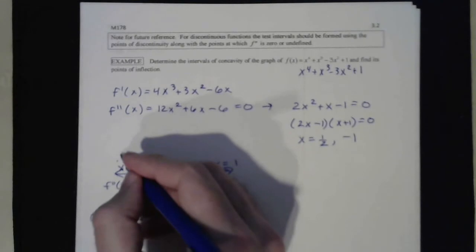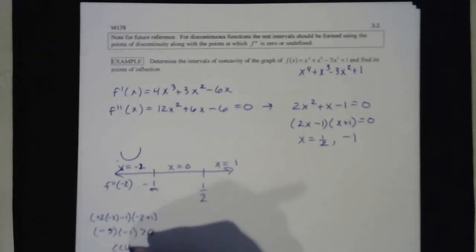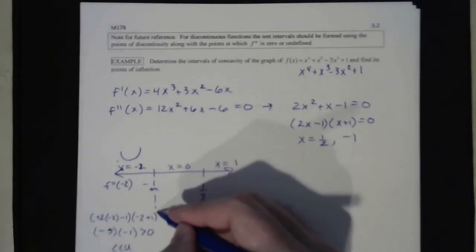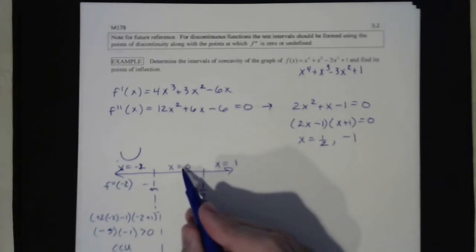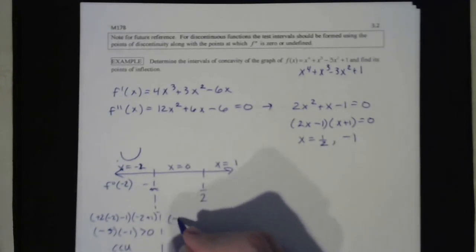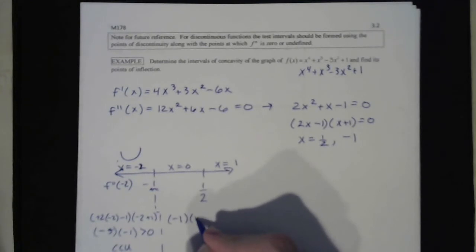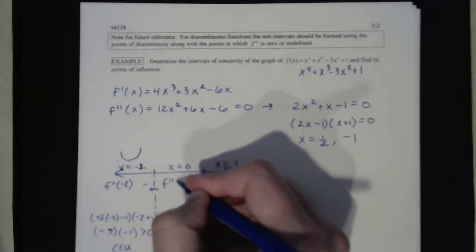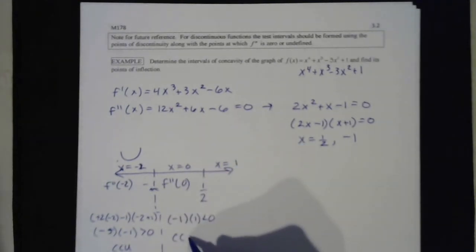So that means we are concave up. For 0, we're plugging in 0, we're going to have -1 times 1, which is less than 0. So f double prime is negative. We're concave down, like this.